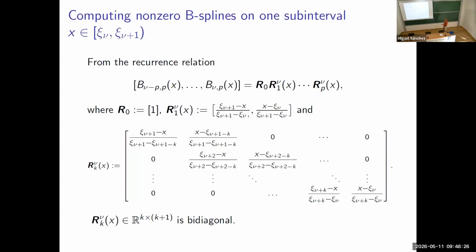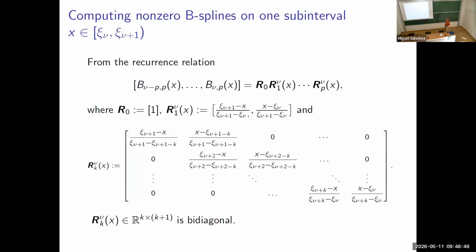We start with R_0 equal to 1. If p was 0, this would just be R_0, and that's the definition I had before for degree 0. If p is 1, R_1 would be the two pieces of the B-spline, the one going up and the one going down.